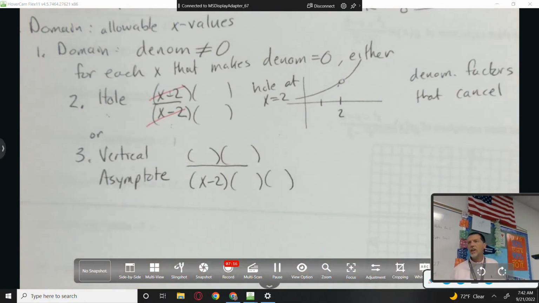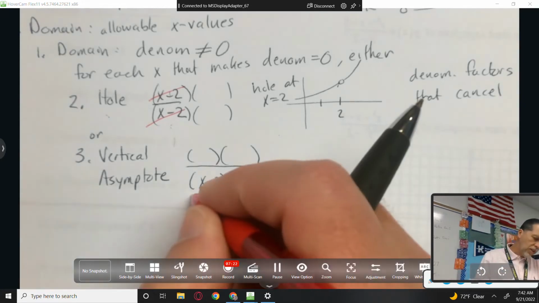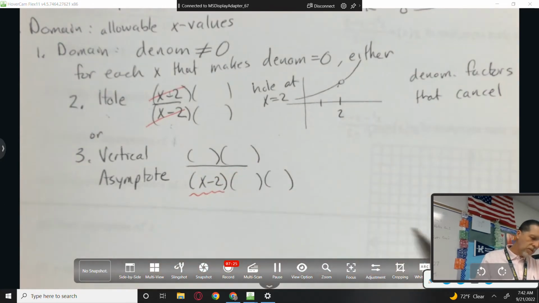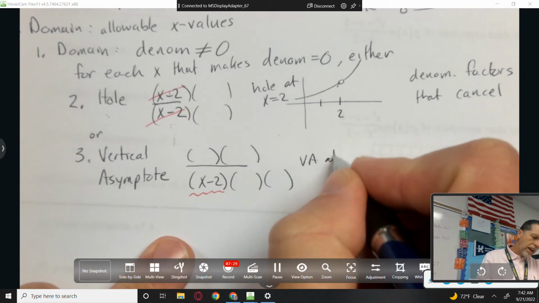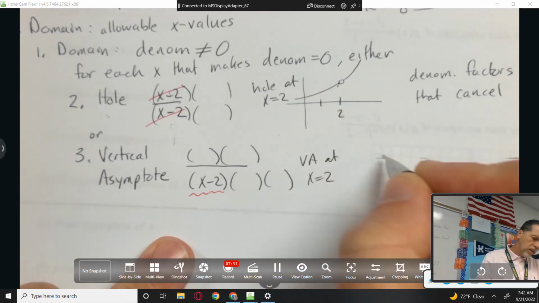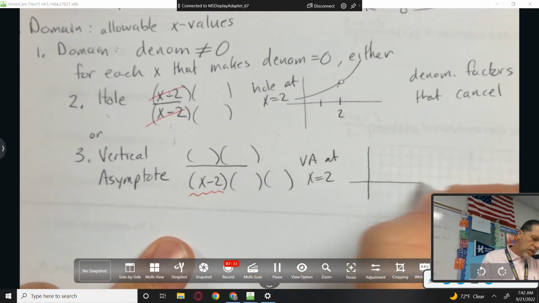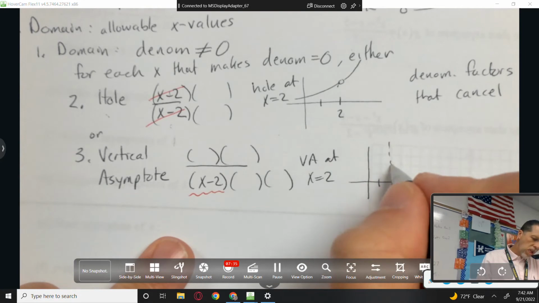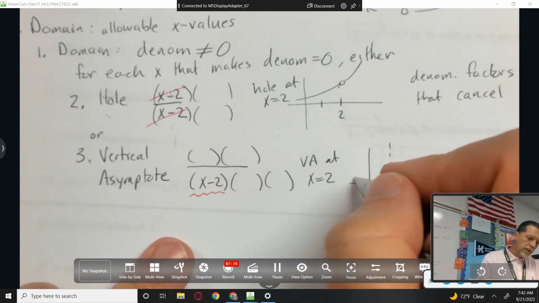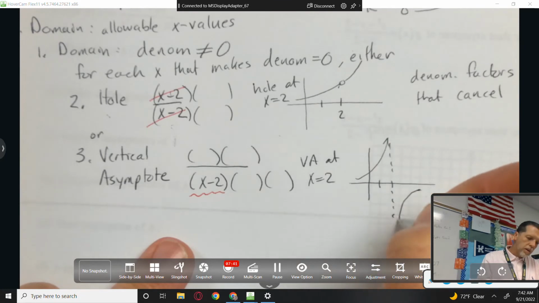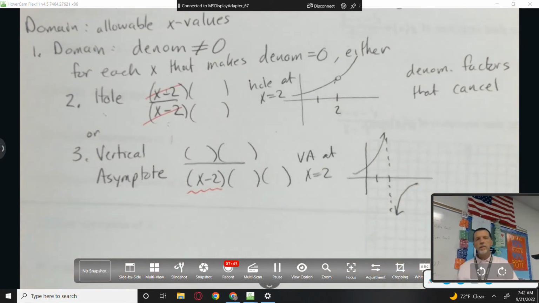There's x minus 2 and probably other stuff in the bottom, other stuff in the top. But if x minus 2 doesn't cancel, that means there's a vertical asymptote at x equals 2. So who knows what's going on, but something's happening at x equals 2.